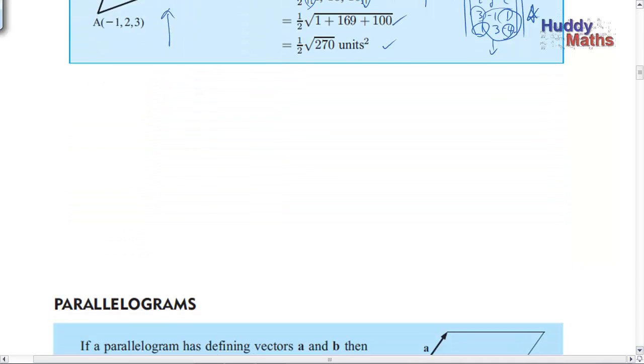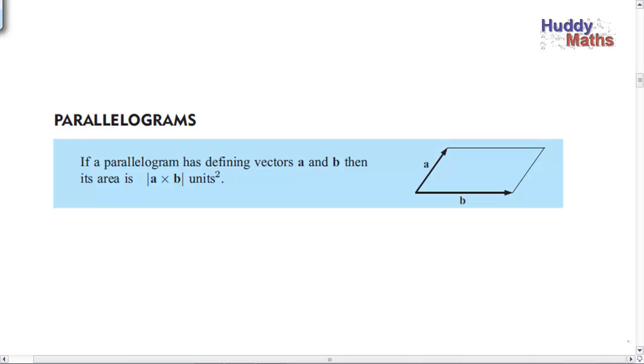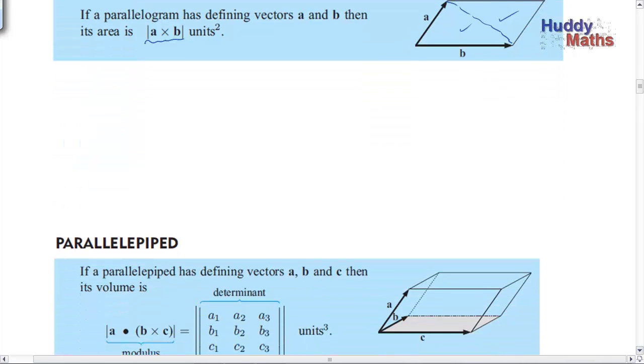All right, let's do another one. Let's see if we can develop a bit more. What about a parallelogram? Well, of course, a parallelogram consists of 2 of these triangles, 1, 2. So you're going to double the area of a triangle, and so you're going to have just the straight size of the cross product, AB sine theta this time. Let's have a look.